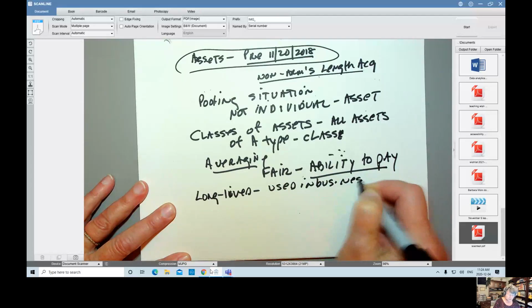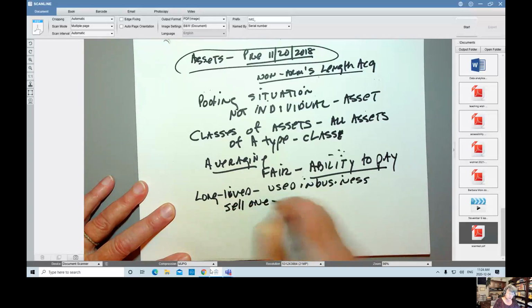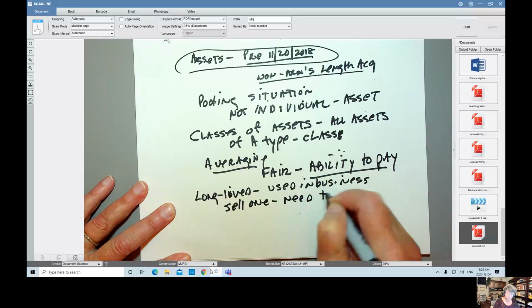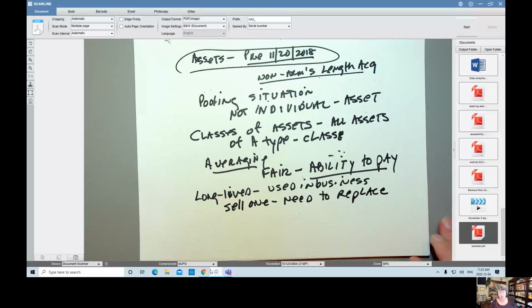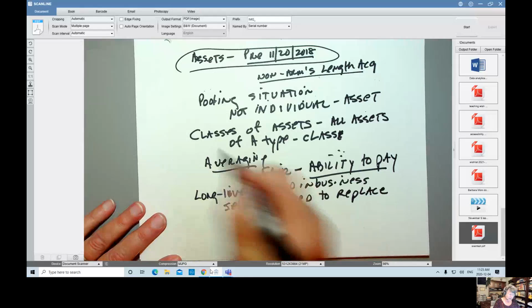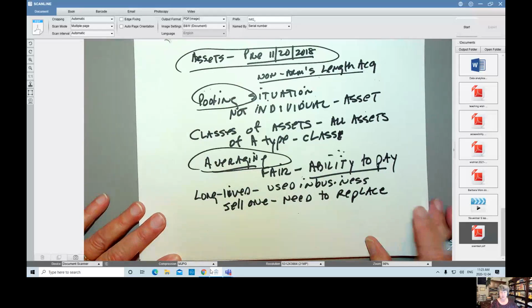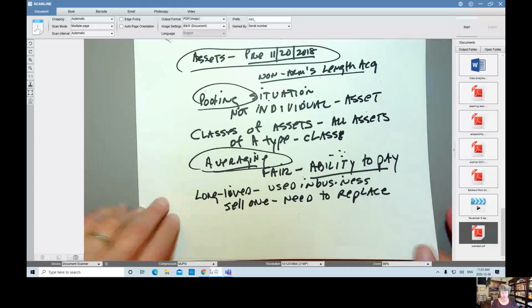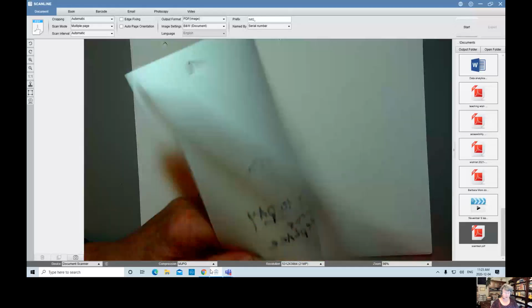And what that means is typically if you sell one, you need to replace it. Well, if you sell something at a gain, and you have to pay tax on the gain, that gives you less cash to replace the asset and so forth. And we'll see how this pooling concept allows us to essentially average the costs over a long life period, even though the assets individually may have a shorter life period.